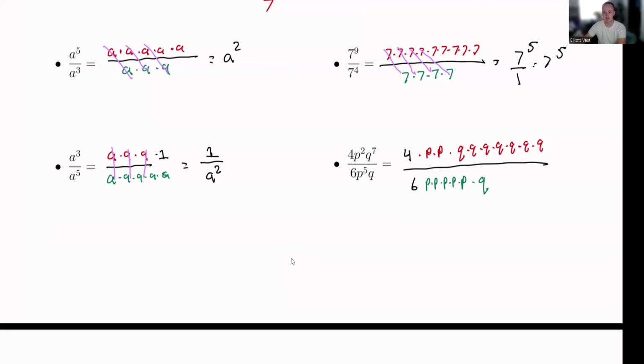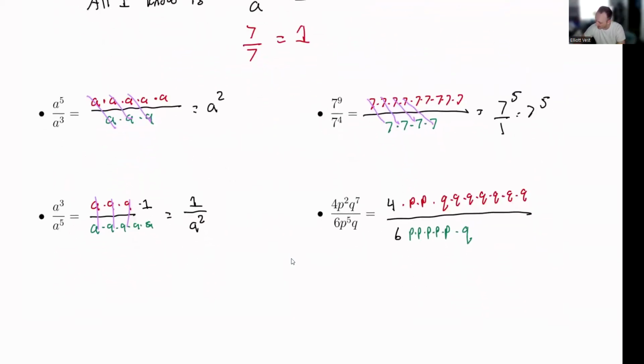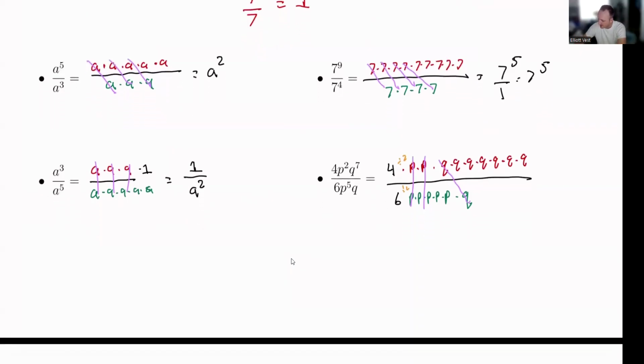So how do these things cancel? Well, they cancel by this rule: whenever you're dividing by the same thing, you can cancel that one thing. This cancels, and this cancels, and it looks like this cancels as well. Also, my 4/6 can be reduced by dividing by 2 on top and bottom. 4/6 is the same as 2/3 because they share common factors.